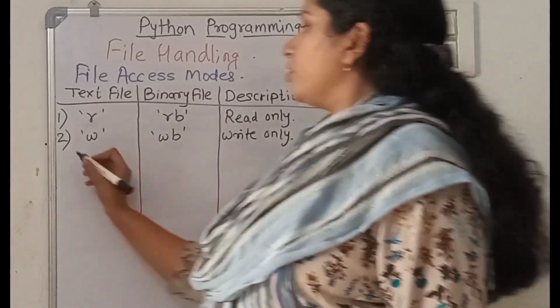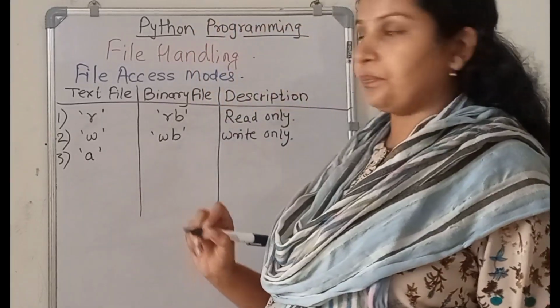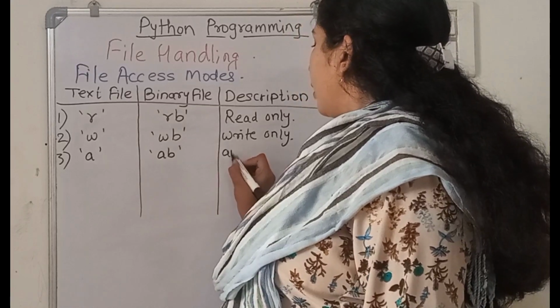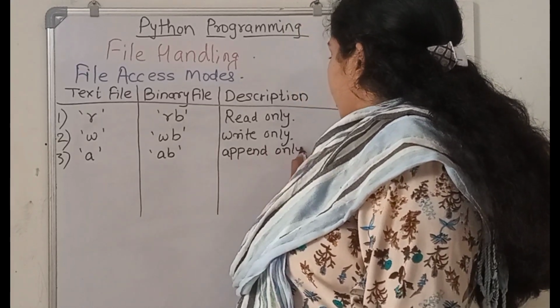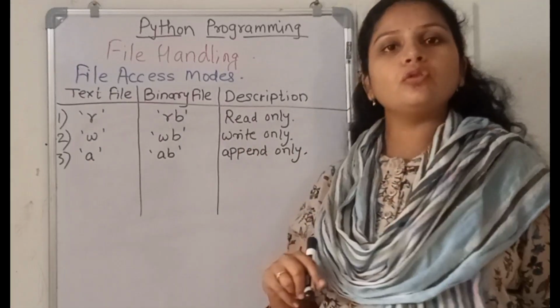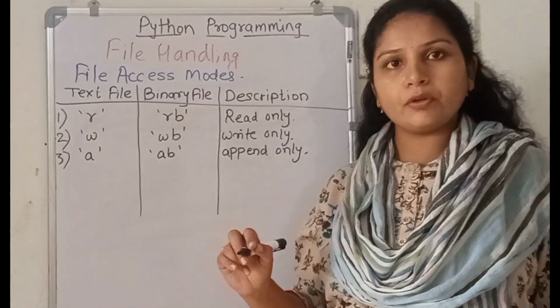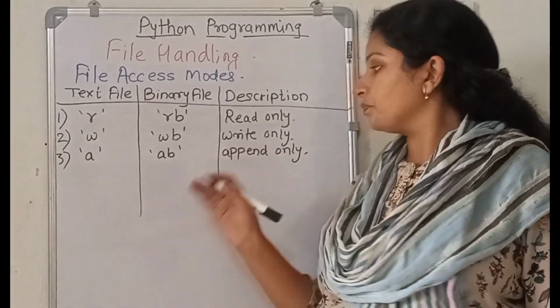So this is W. The third one is append, A, and for binary it's AB. Here, append only. Here also you can write to the file. If the file does not exist in the computer, then it will automatically create a new file.